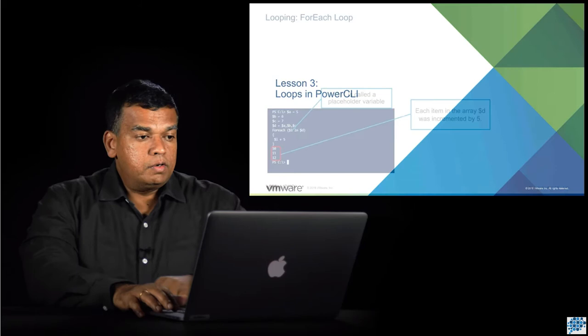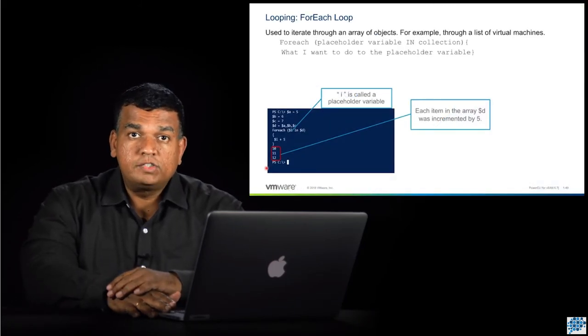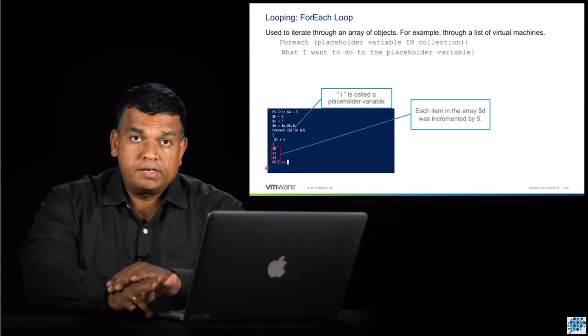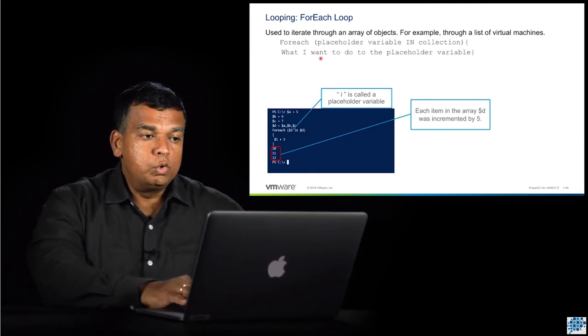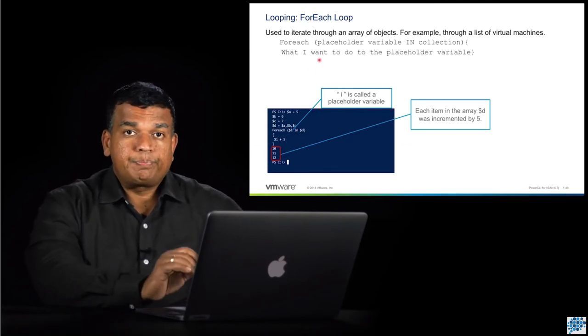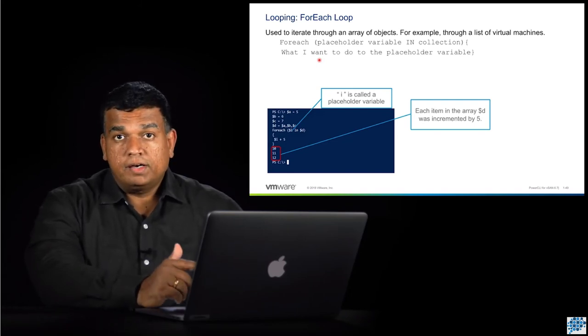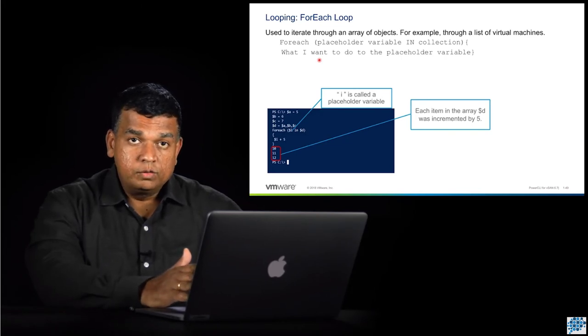One of the first types of loops which I'm going to discuss is the foreach loop, which is the most commonly used construct in PowerCLI. Using the foreach loop in PowerCLI is slightly different or unique compared to other programming languages. So let's take a look at how exactly we can use it.